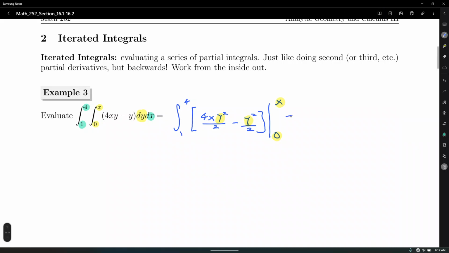Okay, so that means that's the integral from 1 to 4. Okay, let me simplify this. So that'll be 2x times x squared minus x squared over 2. Now, here is the thing, guys. Look at the lower limit of 0.